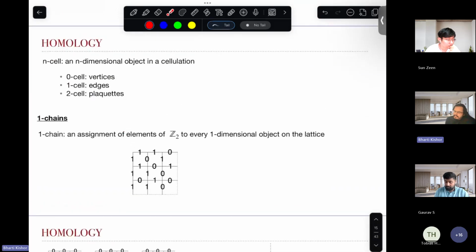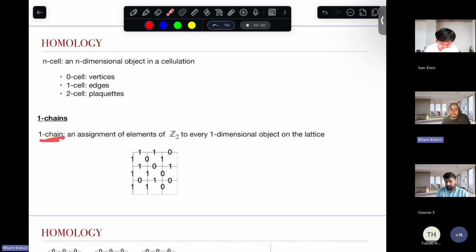So once you understand an n-cell, let's try to define something called a chain, because many of you might have seen this thing called a chain complex and all that. Let's try to understand this. So what is a chain? A chain, in the case of Z2, is nothing but an assignment of elements of Z2 to every n-dimensional object on the lattice.